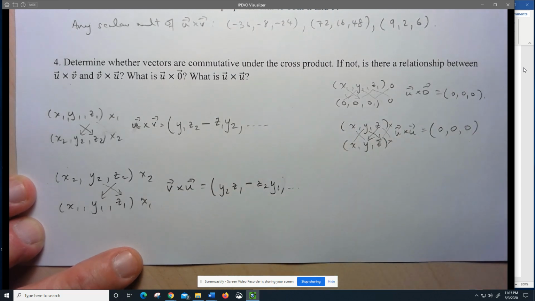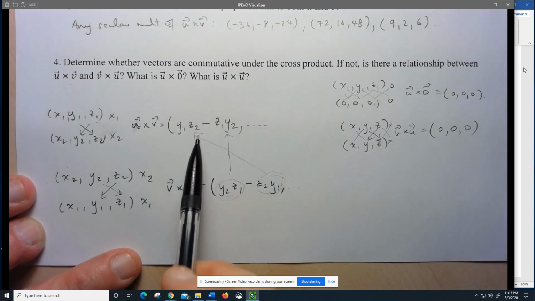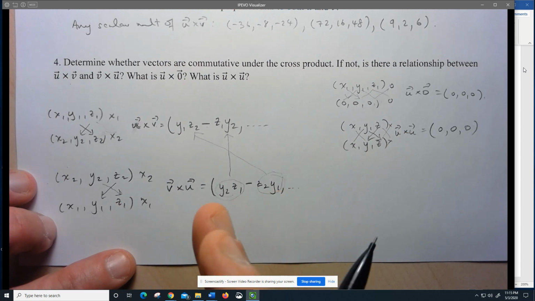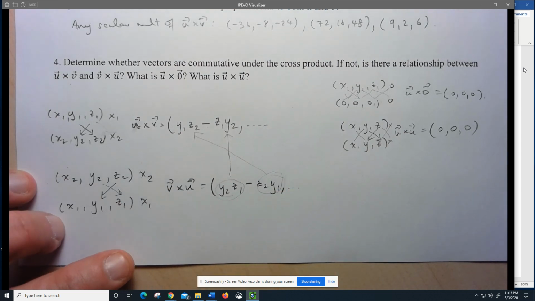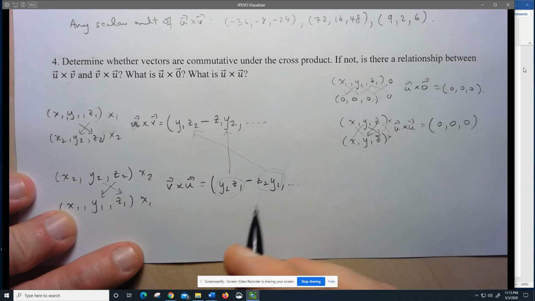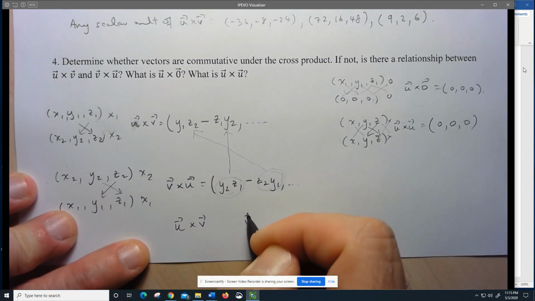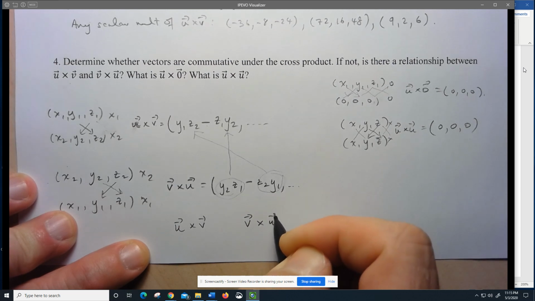And this is where you see, well, wait a minute, look at the first term here is the same as the second term in the original one, and the second term here is the same as the first term in the original one. But because this is a subtraction, we know that you're not going to get the same value, but when you flip around a subtraction, you're just going to get the negative. So what we have is that u cross v and v cross u are not equal.